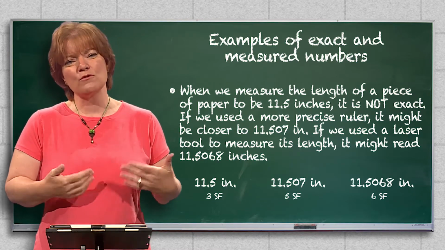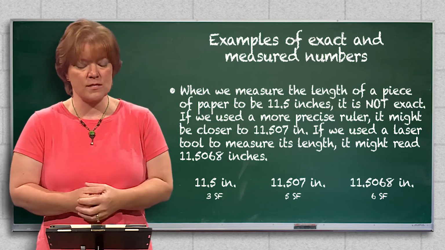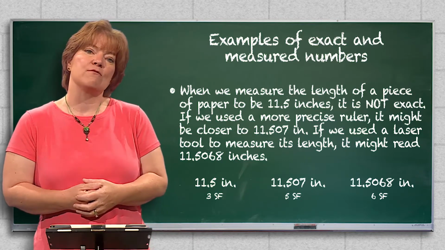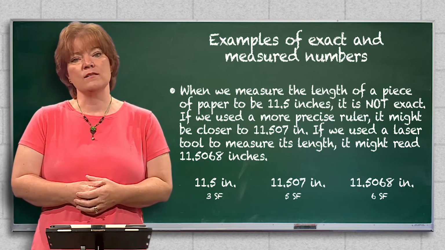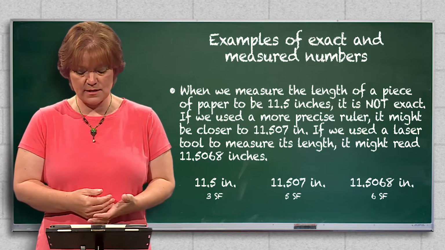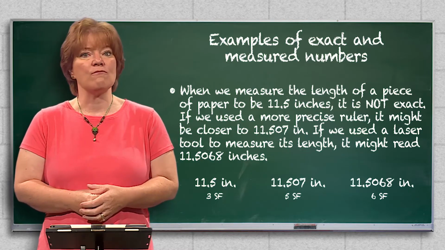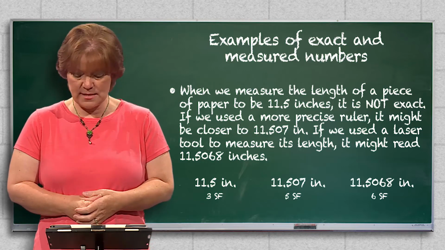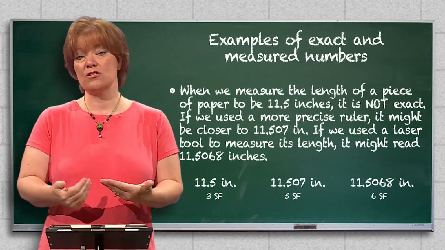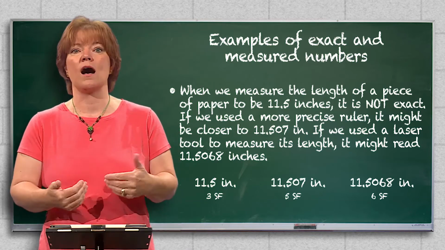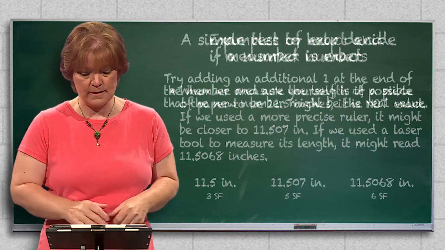So each one of those measurements has a different limit of precision. The 11.5 in the first example would have 3 significant figures. The 11.507 in the second example would have 5 significant figures, and the 11.5068 would have 6 significant figures. So we see you can't even say that inches, for instance, are an exact number or not. It depends on the situation.